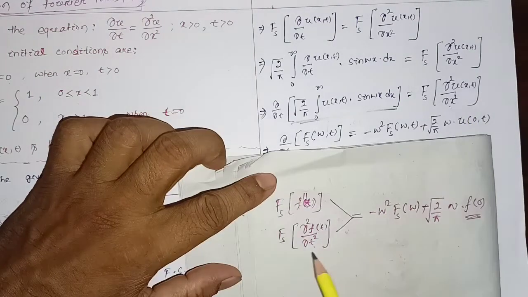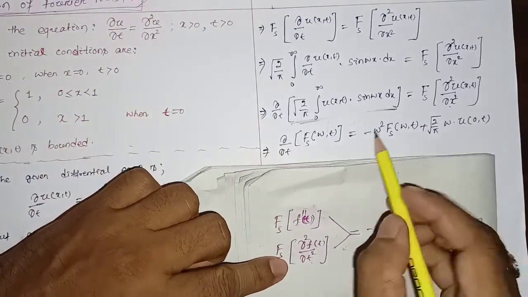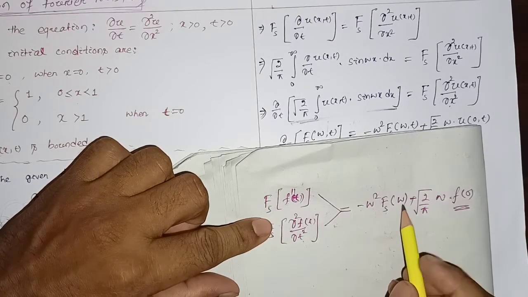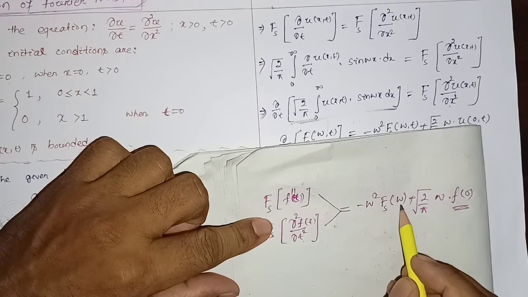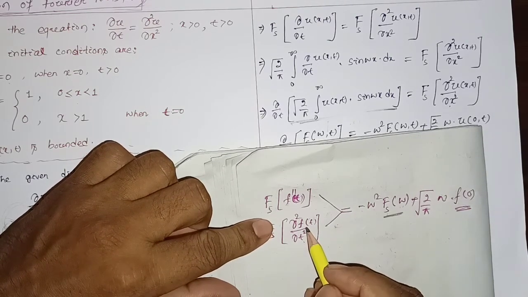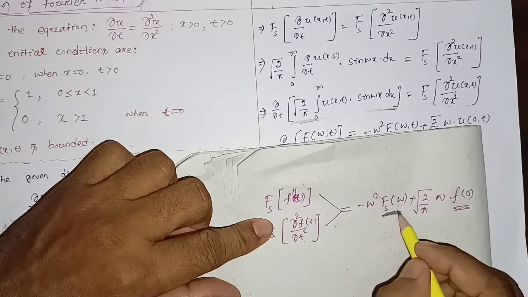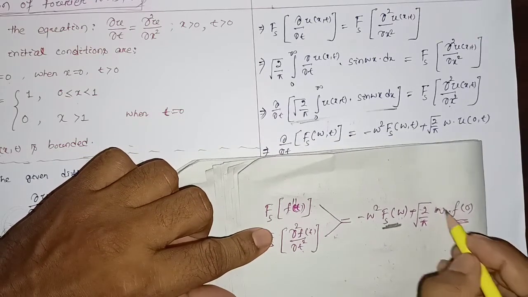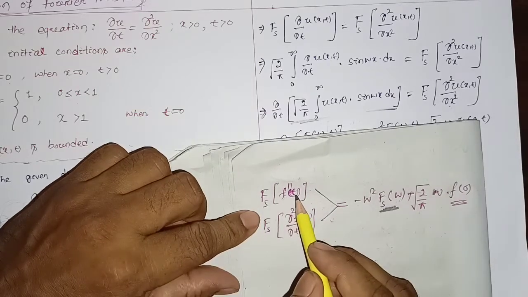Okay, so here you can see the first term is minus omega square Fourier sine transform Fs(omega), or the Fourier sine transform of f(t), plus root over 2 by pi, omega into small f(0).